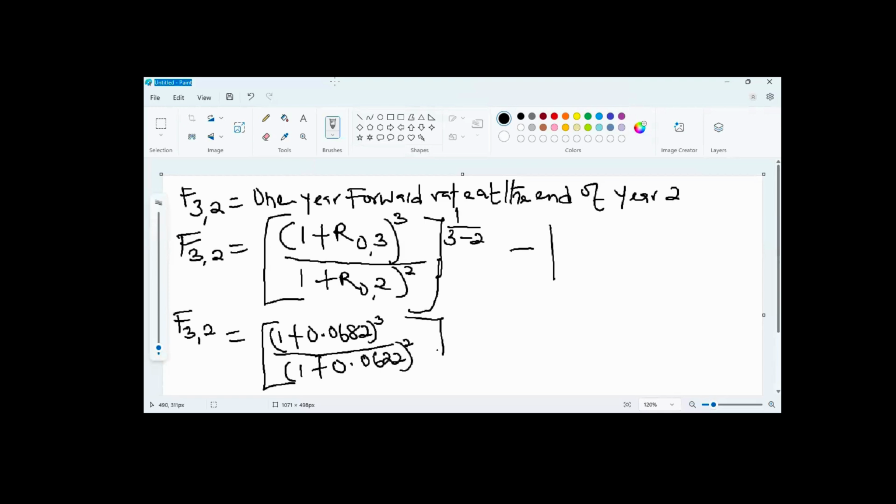The bigger brackets, 1 all over 3 minus 2. That will give me 1. Everything minus 1. Please work this out. And your final answer is what?